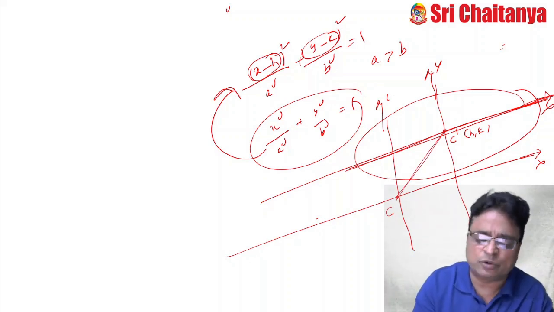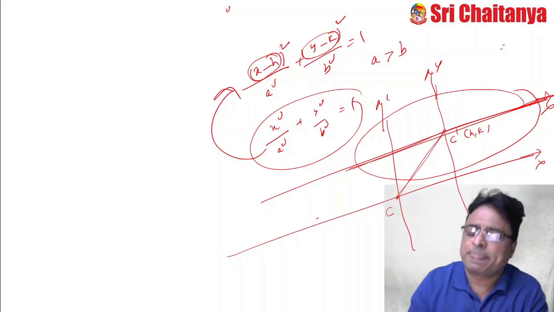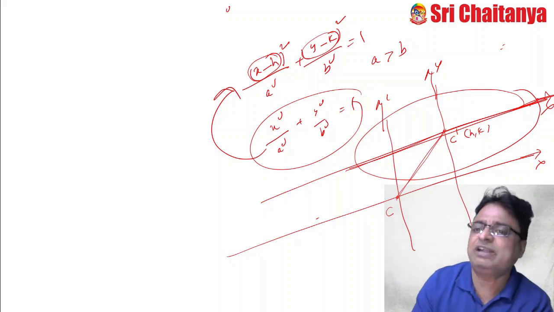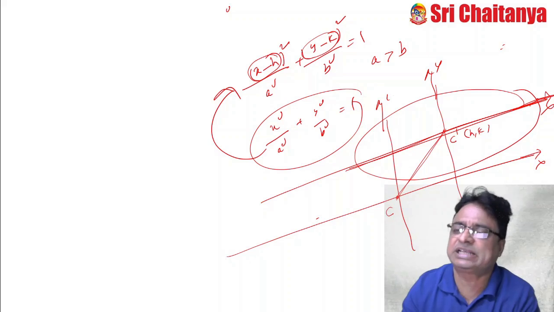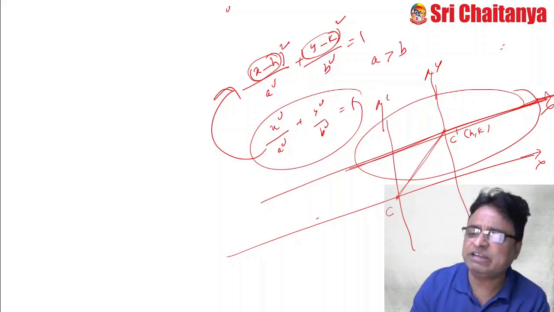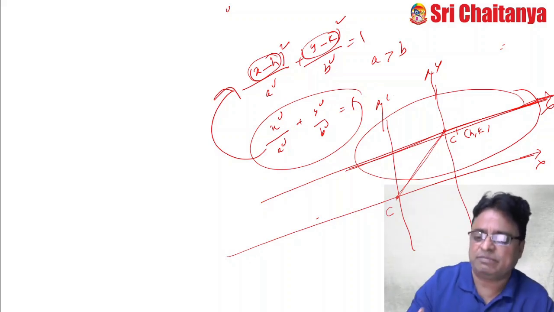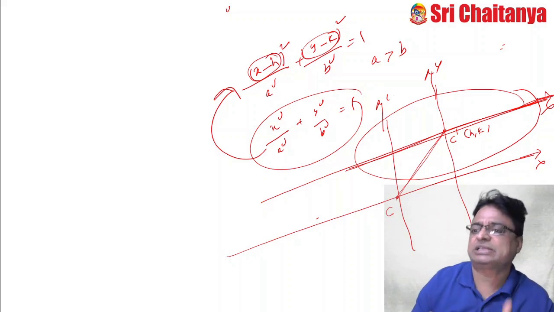So whenever I am talking about vertices, you know the original vertices. There you have to equate the x coordinate to x minus h, thereby you will find x, and you have to equate the y coordinate to y minus k, there you will find the y coordinates, where the major axis is parallel to the x-axis.